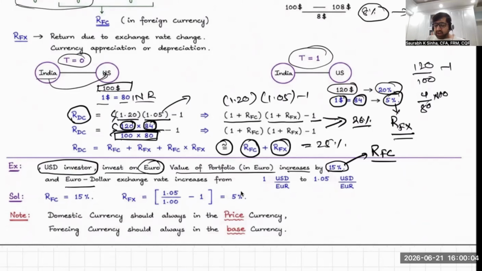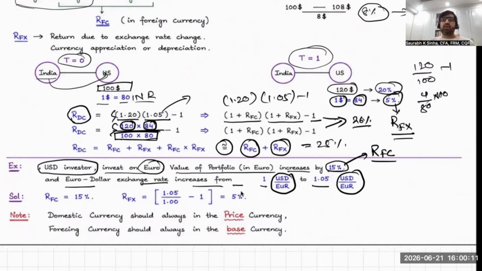The euro dollar exchange rate increases from 1 USD per euro to 1.05 USD per euro. Now, this is important, and this is the nuance that I want to tell. Currently, the USD is in the numerator, the domestic currency is in the numerator, and the foreign currency is in the denominator.